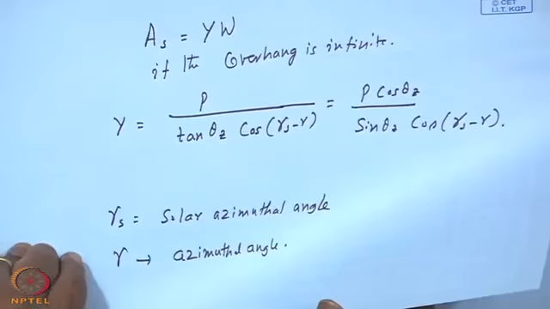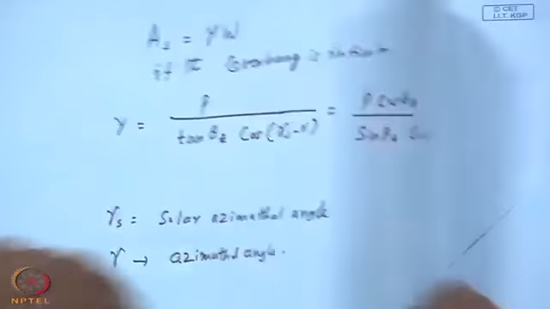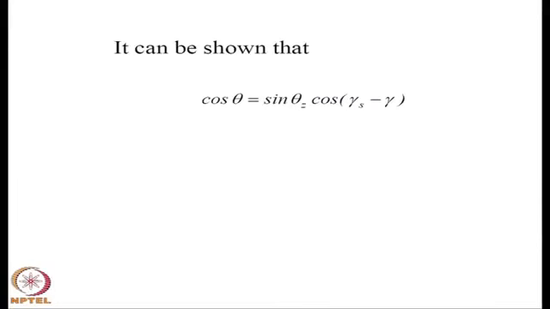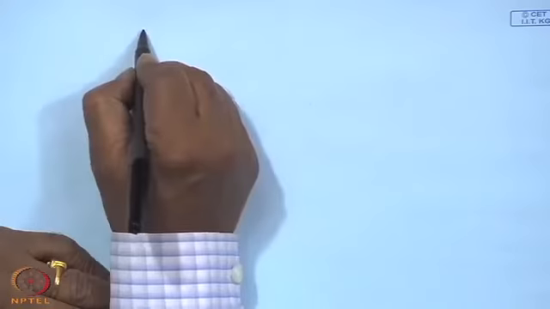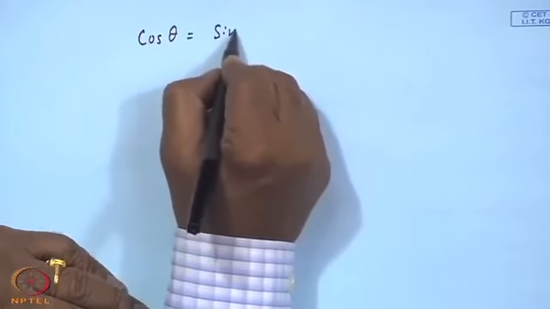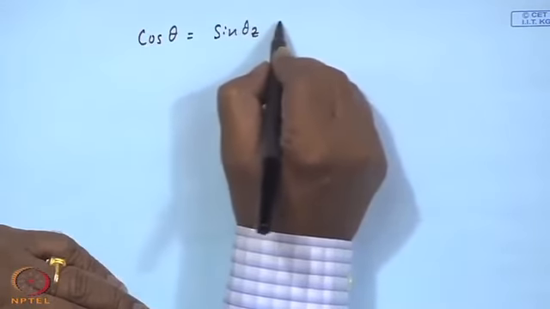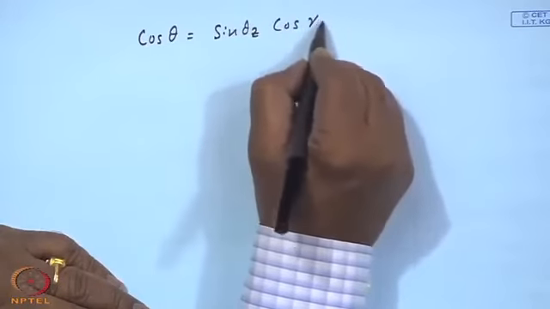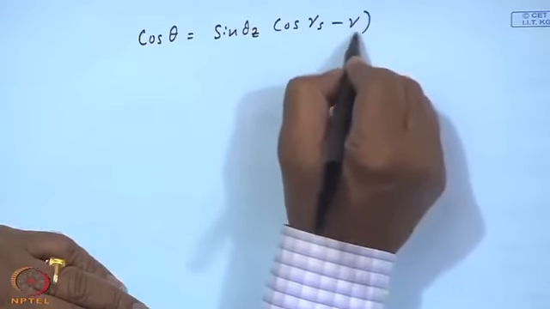So, similarly, I can take the sun's ray and its projection on the horizontal plane, and that shall be your solar azimuthal angle, which I think can be easily shown. Your angle of incidence cos theta is related to sin theta z times cos gamma s minus gamma.